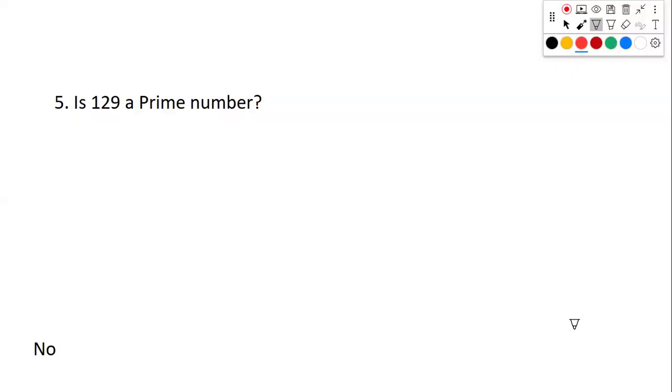Is 129 a prime number? Try to solve this. So first you take the square root.